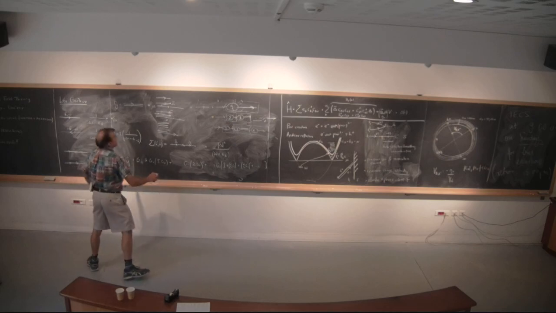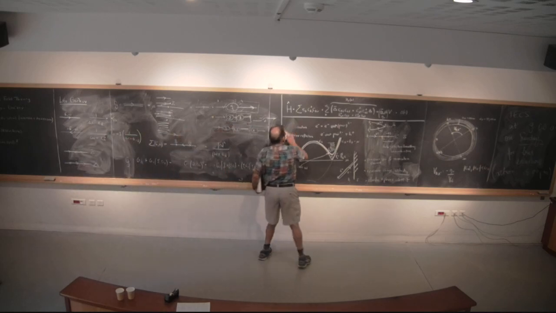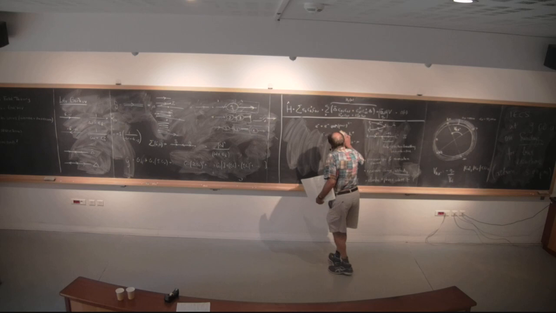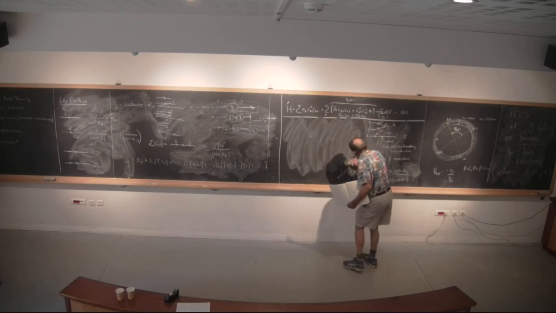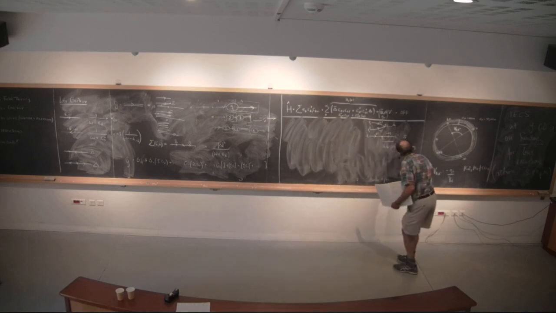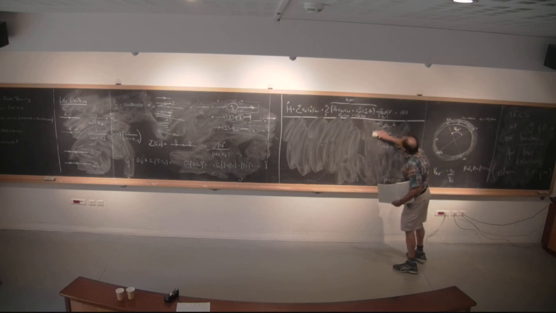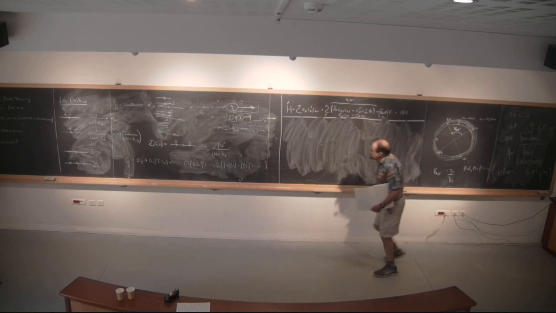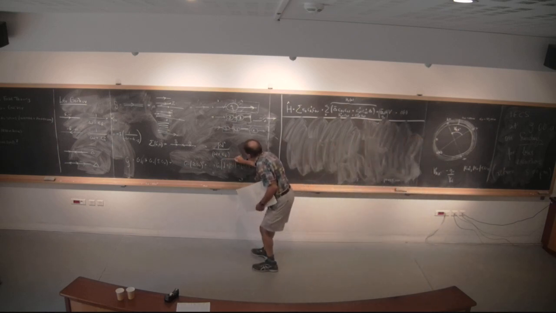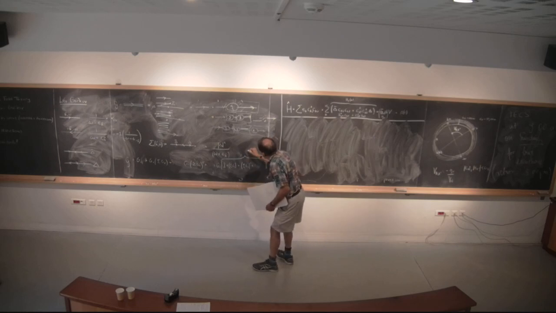We can write this curly G as G0 times this geometric series. This is a geometric series. This is 1 plus x plus x squared, which we know is 1 over 1 minus x.